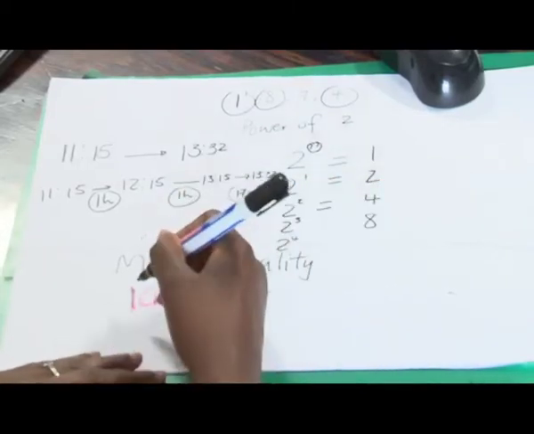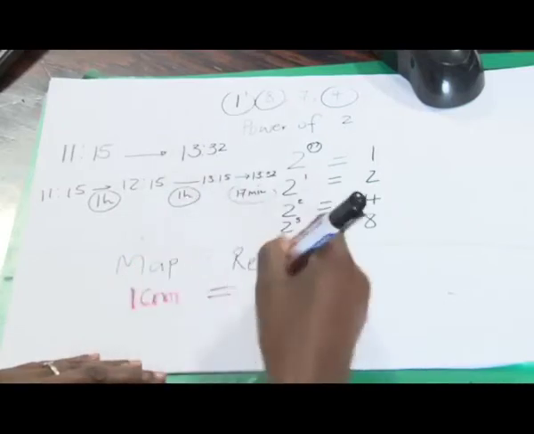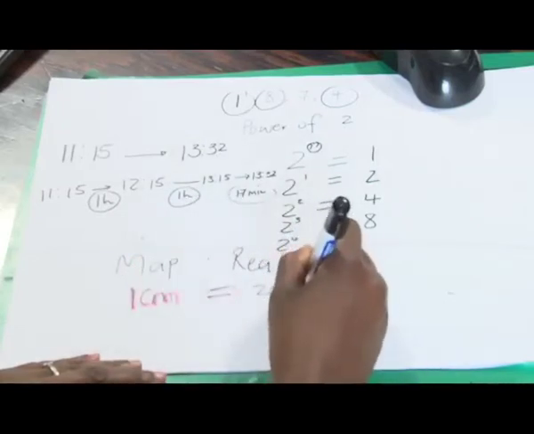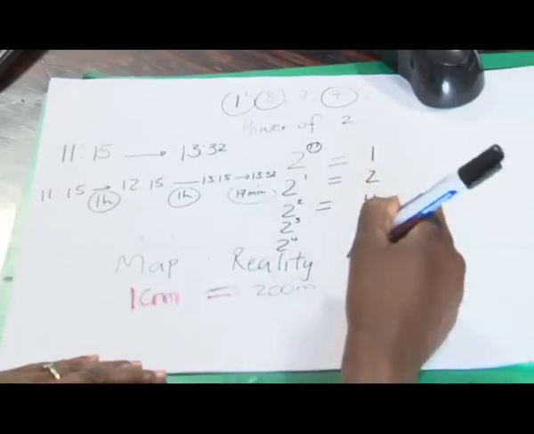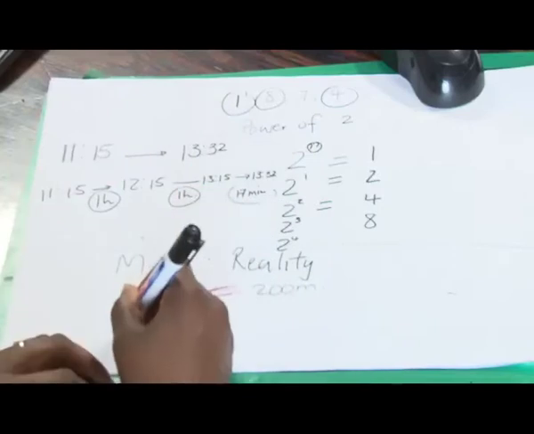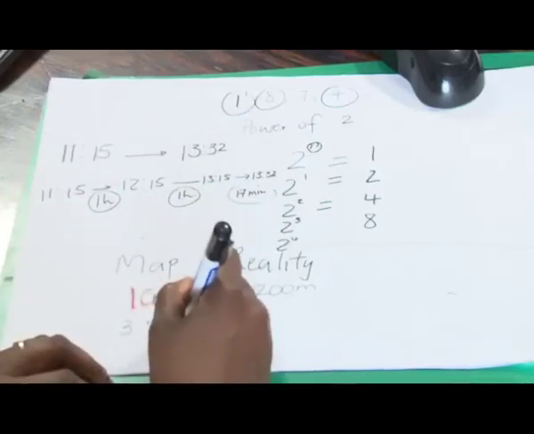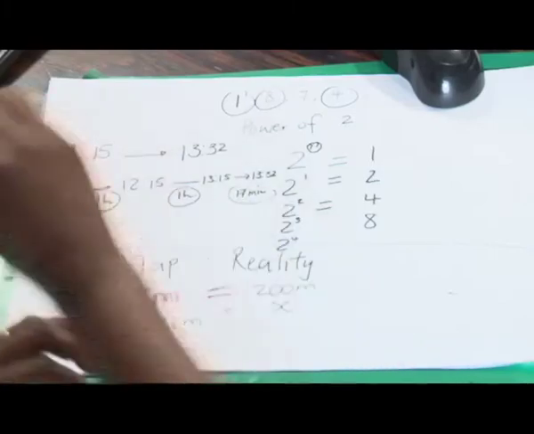So according to this question, 1 centimeter on the map represents 200 meters in reality. Now, the distance between the two hotels on the map is 3.9 centimeters. What is the distance in reality?